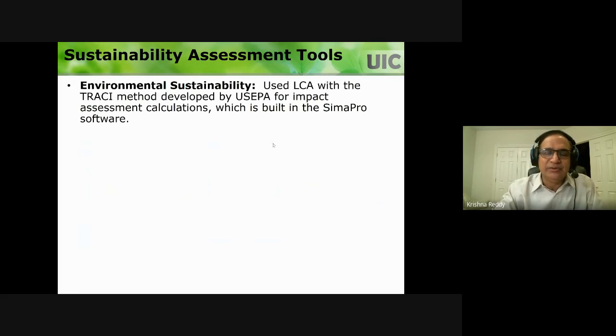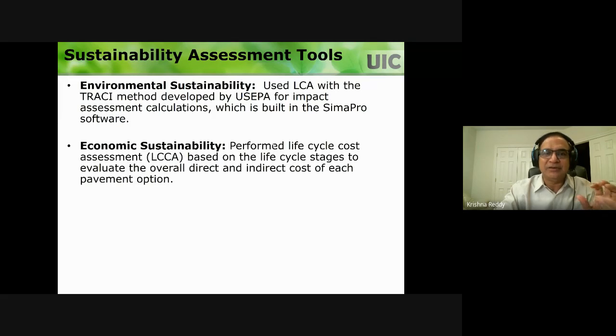So we need to look at the environmental sustainability. That means we need to be able to calculate those environmental indicators using some tools. For environmental sustainability, the most common tool that we use is life cycle assessment. And for economic sustainability, you want to do the life cycle cost assessment.